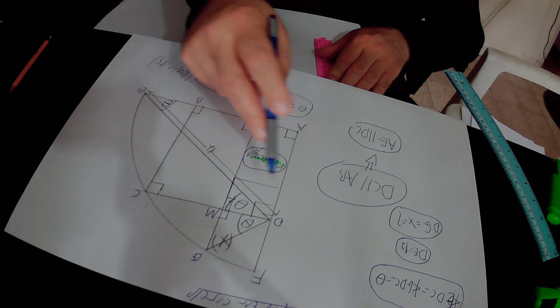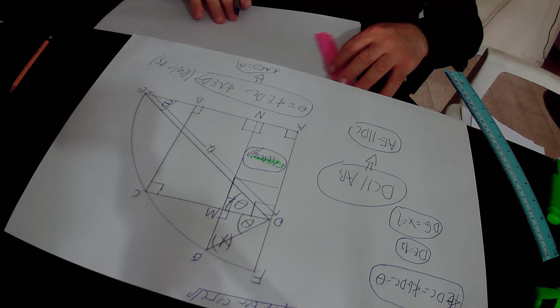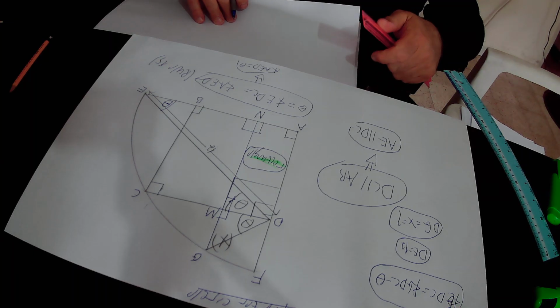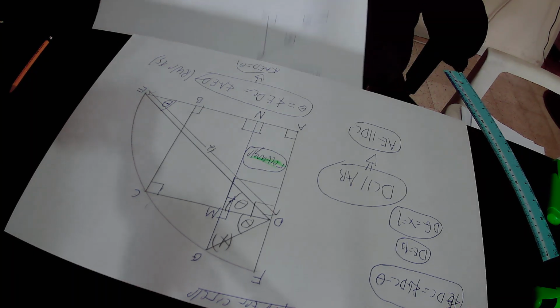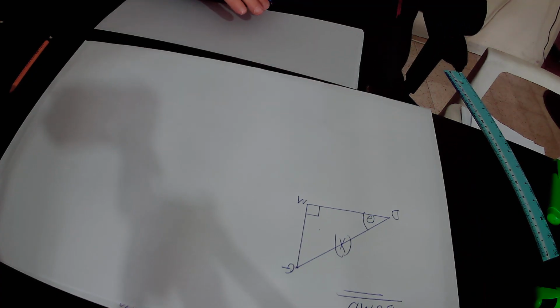The hypotenuse GD of the right triangle GDM equals x, according to what is given in the question. So this is the right triangle GMD that I copied from the original drawing.